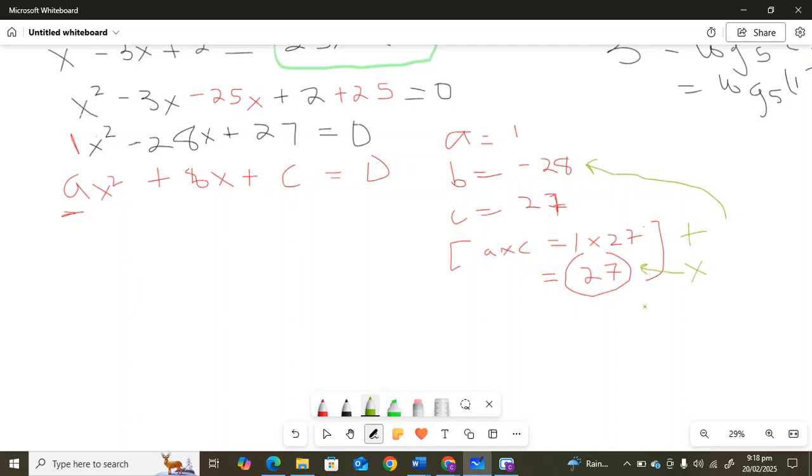Okay, so when you add them, they should give you B. When you multiply them, they should give you the product of A times C. In this case, they have to add to negative 28 and multiply to 27.